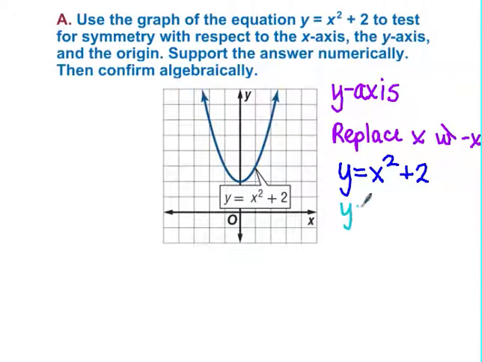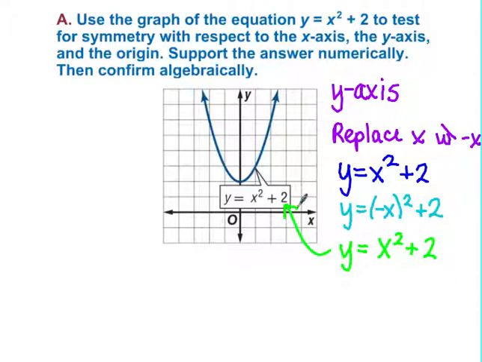So I've got y equals, oh, I see x, so I'm going to put a negative x in. Well, what happens when you square a negative? It becomes positive. So really, what does this become? X squared plus 2. Does that match the original function? There you have just shown that it has y-axis symmetry. It has to be identical.